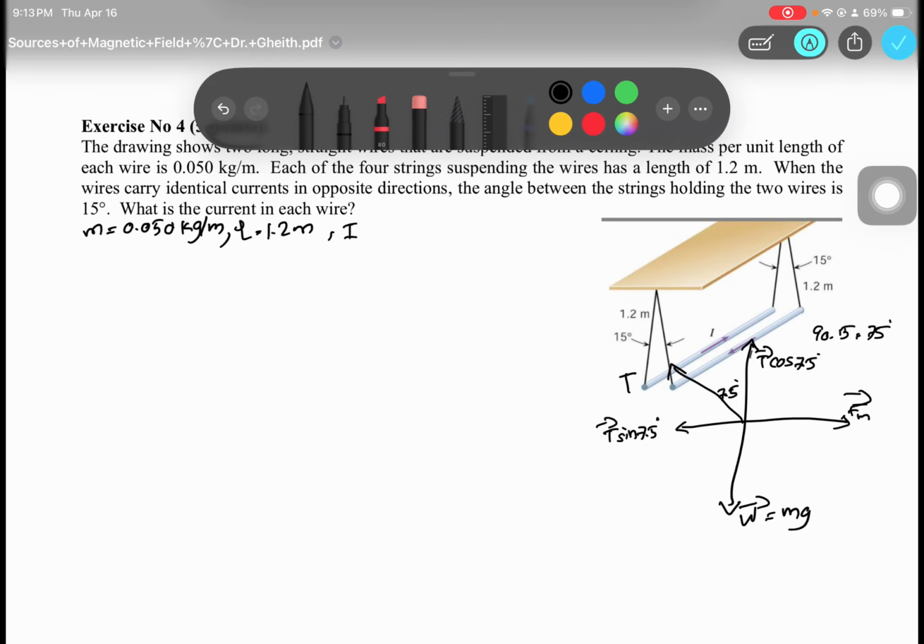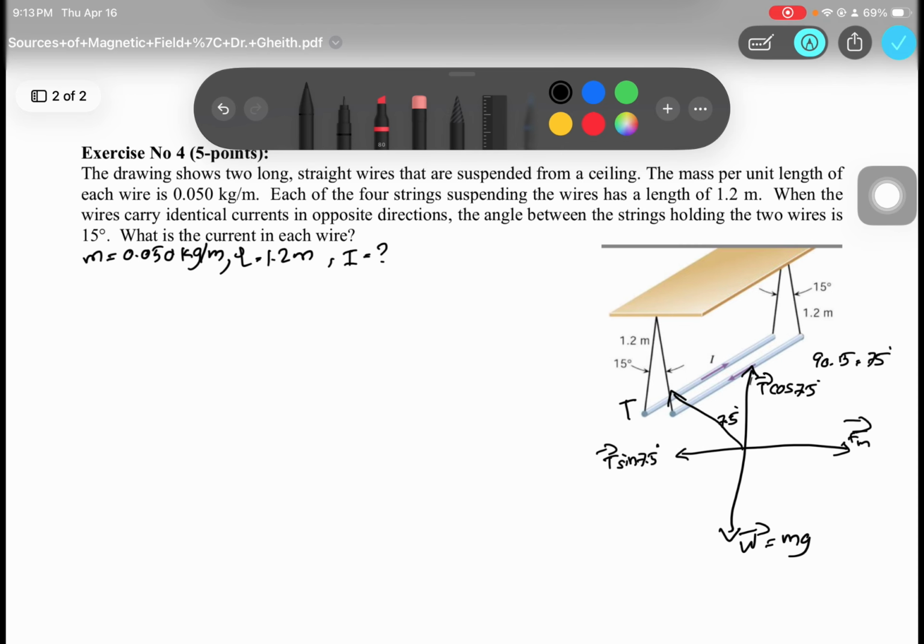So the question is asking for I. For this one we are going to use T sine theta equal to Fm, and T cos theta equal to mg.